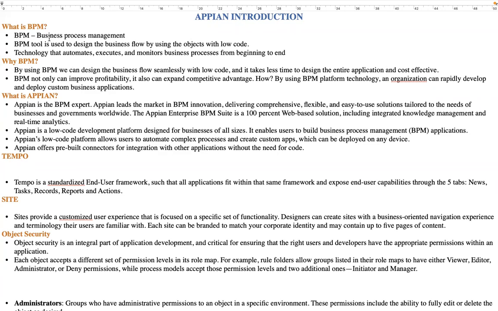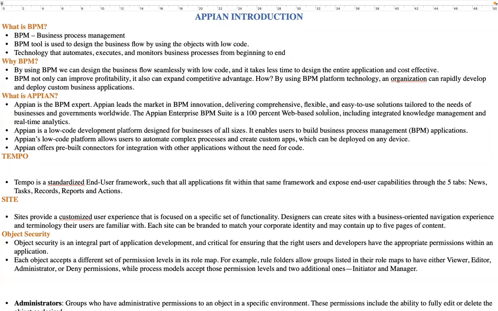Okay, so you're going to learn everything about Appian in this course. We discussed what is BPM, what is Appian, and why it is easy to learn when compared to Java. When compared to Java and Python, you need to learn every concept and everything, but in Appian it's not like that.